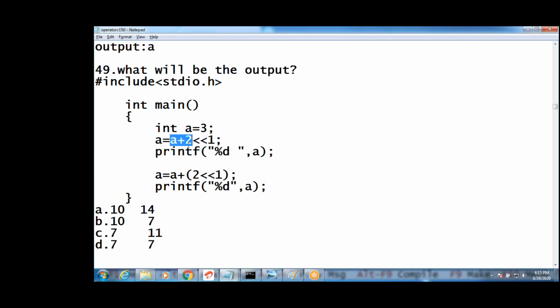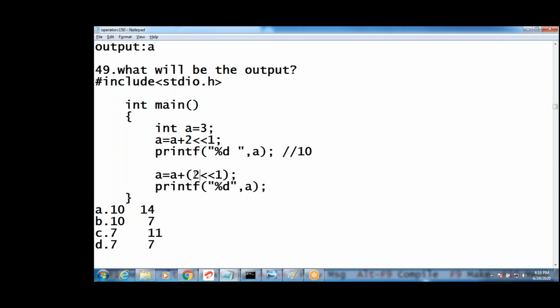What is the answer for this, guys? First of all, you should know precedence. Which one has precedence? Addition has a higher precedence. 3 plus 2 is 5. 5 left shift 1: what is 5 left shift 1? A is 10 first.